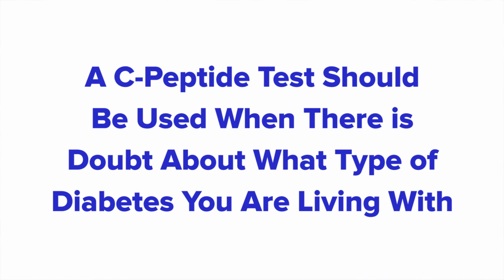The C-peptide test will tell you what type of diabetes you are actually living with and will help you differentiate between an autoimmune version of diabetes with extremely low insulin production or a lifestyle-related diabetes with medium to high insulin production. Now, recent guidelines dictate that a C-peptide test should be used when there is doubt about what type of diabetes a patient is living with.